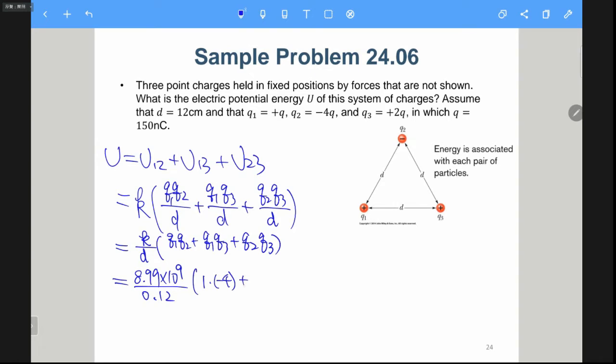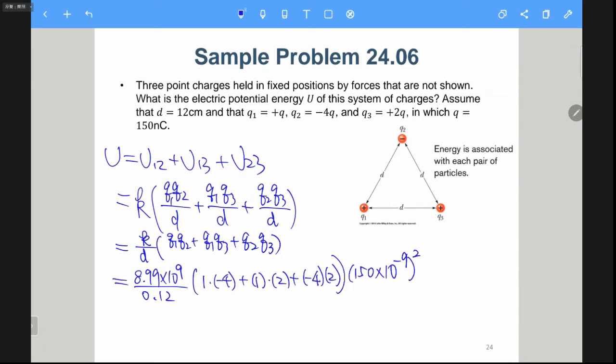And then Q1 is 1 times 2 plus -4 times 2. And then don't forget to multiply the q squared, which is 150 times 10 to the -9th power quantity squared.